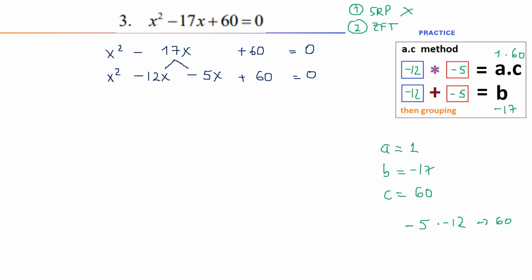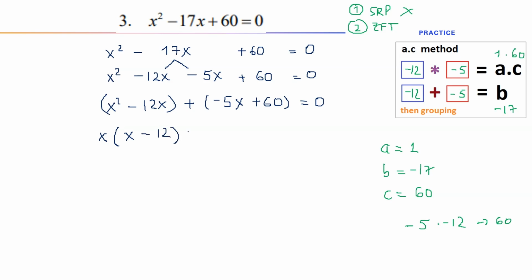Okay, so I will group x squared minus 12x for my first group. The second group, I have negative 5x plus 60 equals 0. Now for the first group, I take x out because that's in common, so x minus 12 is the leftover inside.